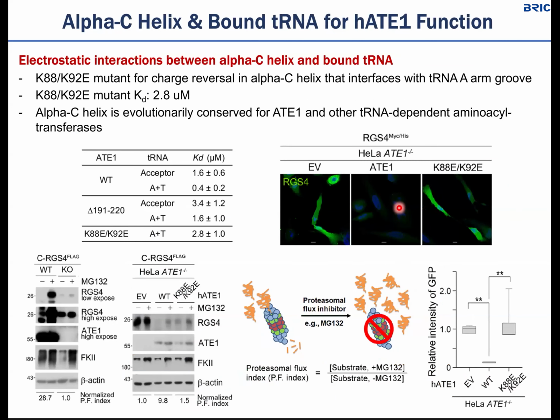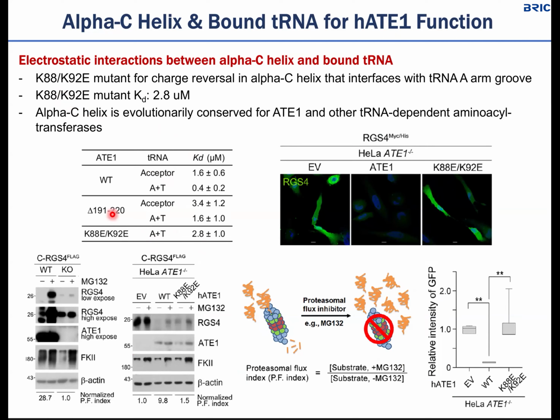To evaluate the contribution of individual sites to tRNA binding, we engineered a K88E and K92E variant mutant featuring charge reversal in the alpha C helix, which is supposed to interface with the major groove of the tRNA acceptor arm. So the K88E and K92E mutant showed approximately a twofold reduction in binding affinity to the A and T arms as compared to the alpha C loop variant.